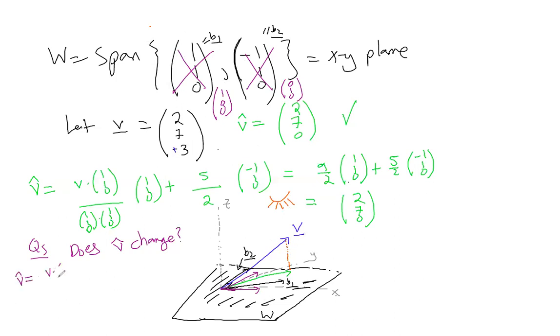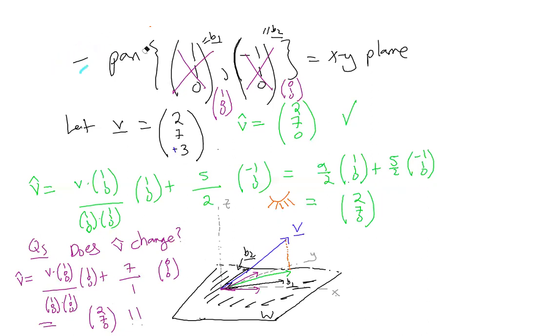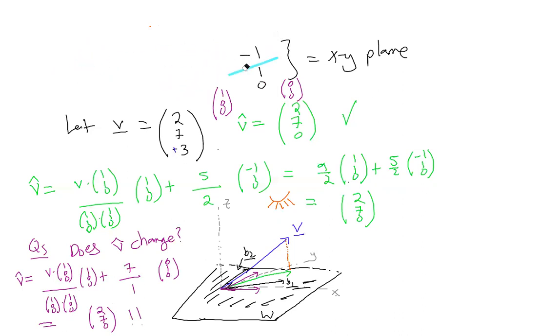We take V dot (1, 0, 0), if we were to use these different basis vectors, times (1, 0, 0), plus the same for (0, 1, 0), and we get exactly (2, 7, 0). Right? And so the moral that I want to leave you with is that the orthogonal projection doesn't depend on the basis you choose.